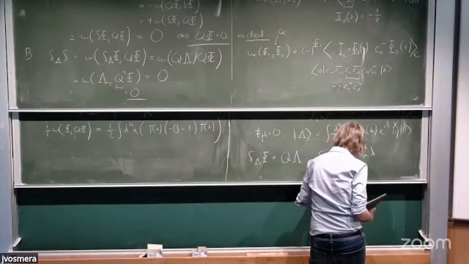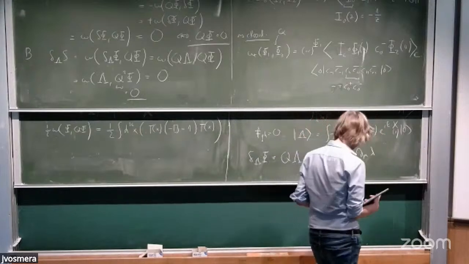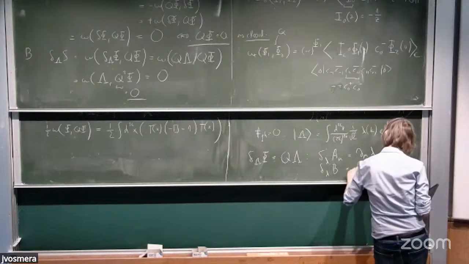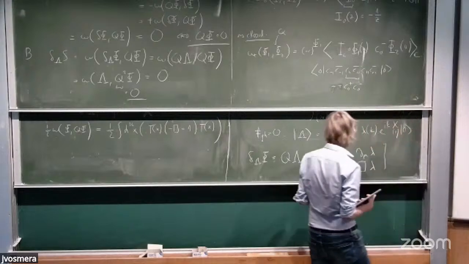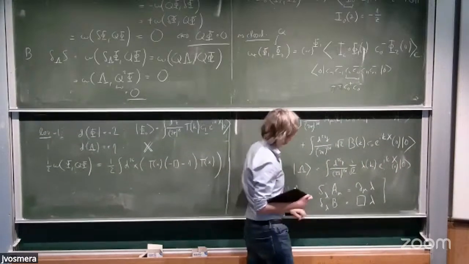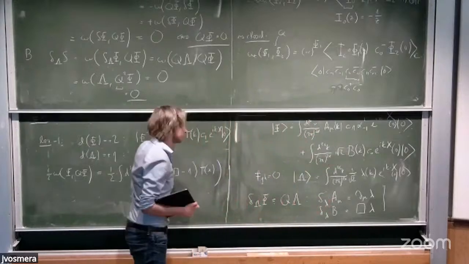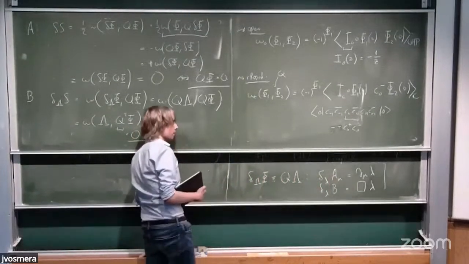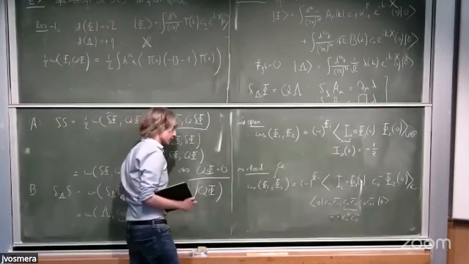But what you also find is that the gauge transformation of this B is the box of lambda. So now perhaps you start appreciating what the interpretation of this B is. It is precisely what we call the Nakanishi law. So that's the gauge transformation.